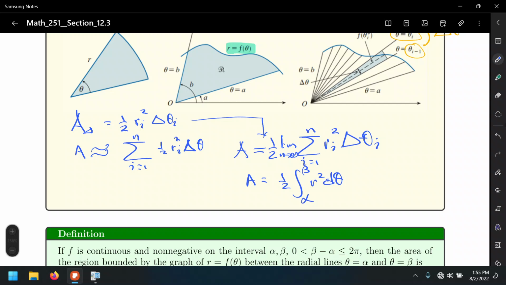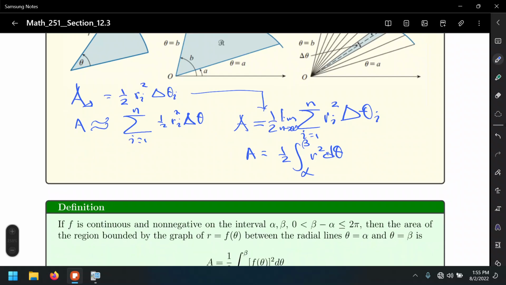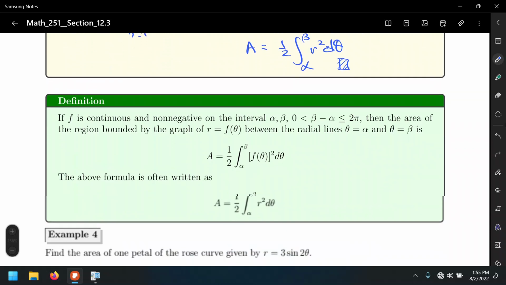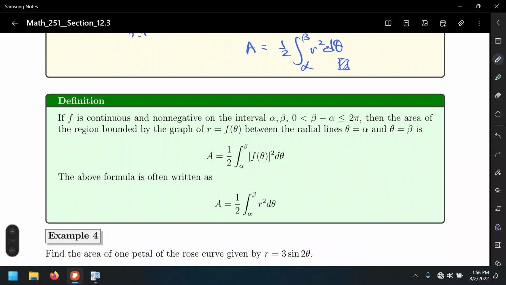That is a differential rather. And of course, there are other versions of this formula as stated in the definition below. So instead of r squared, that's because r is f of theta depending on what notation we're given. So either way is fine. All right, the two are okay.